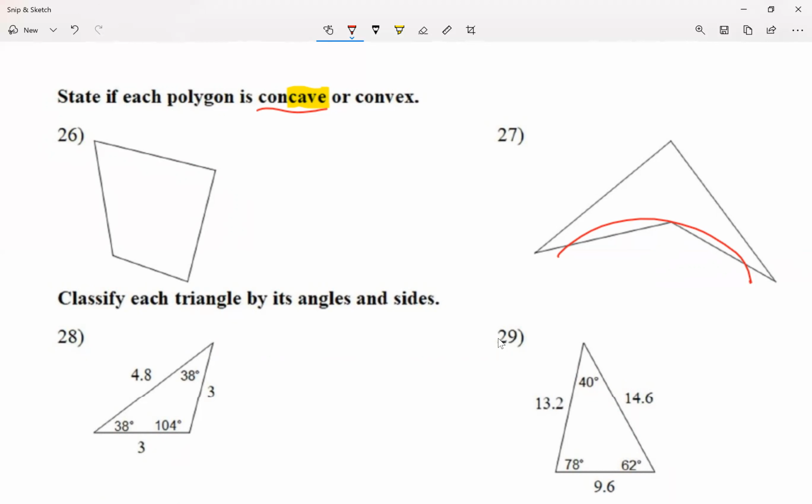Matter of fact, if you guys have a car accident, hopefully you never do, the insurance is going to send someone to inspect the cavities, the concavity, the dents. So this we're going to call concave. And if it doesn't have any dents, it doesn't have any holes in it, we're going to call it convex. So number 26 will be convex.